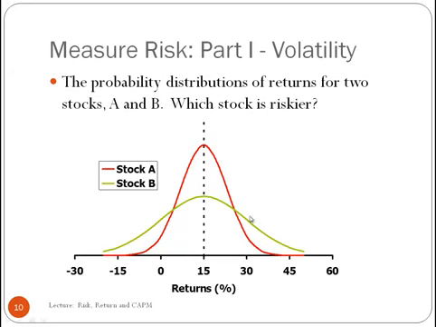Now, we also have a greater chance of being higher than what we expected, but we're more risk averse. And that will guide us. We do not like to be below our expectations. So we say that stock B is riskier. Again, because there's a greater likelihood that we will be further below our expectations than stock A's returns.